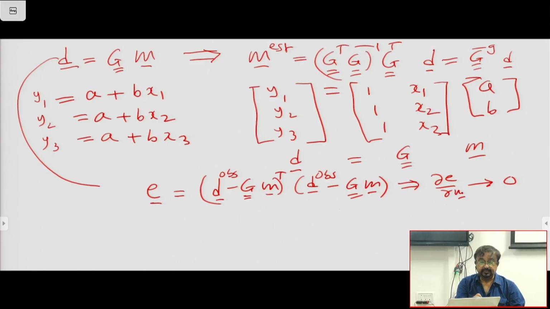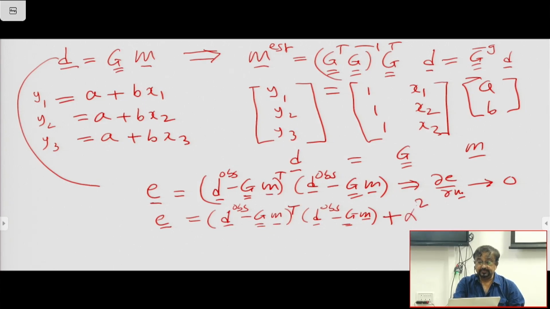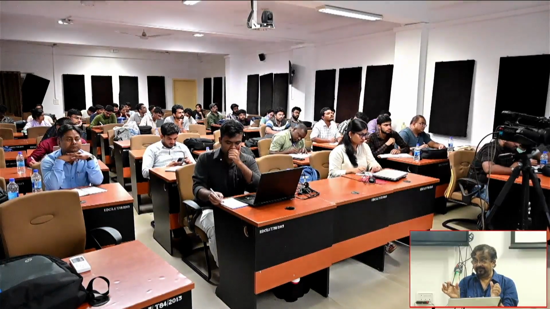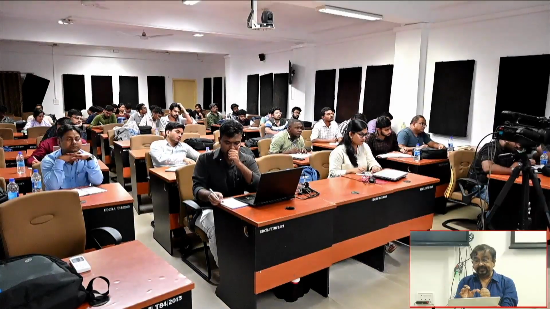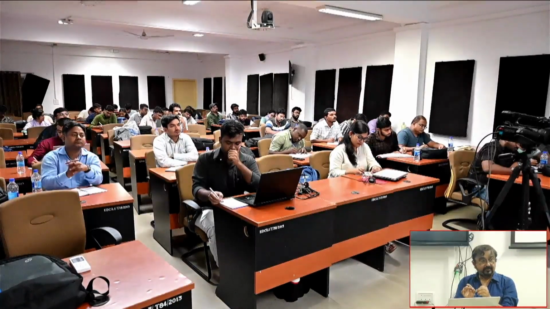What if we actually do this? We say that I have this E, which is D observed minus GM transpose D observed minus GM, plus some constraints, and let's say this constraint is alpha squared times M transpose M. This M transpose M measures the length of the model, and we're saying that I want my model to be small.